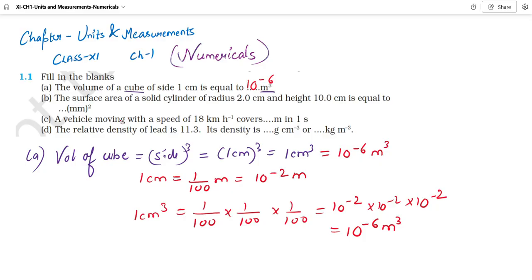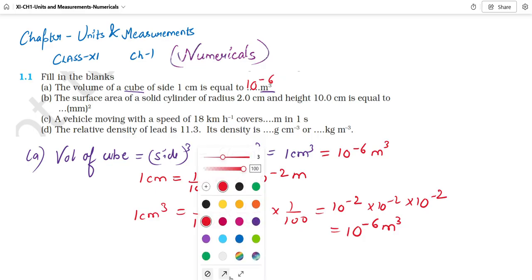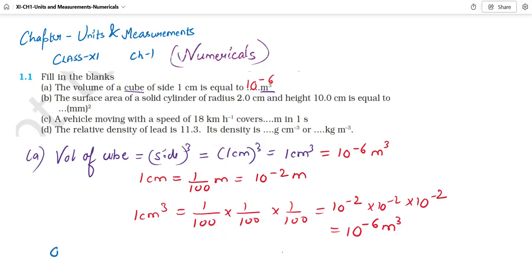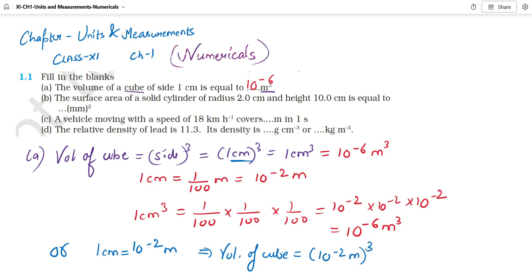Now this is one way of solving this part. What's the other way to solve it? The other way to solve this question is, over here itself you can convert that 1 centimeter is equal to 10 power minus 2 meter, as we have discussed. So it implies volume of cube will be 10 power minus 2 meter whole cube.